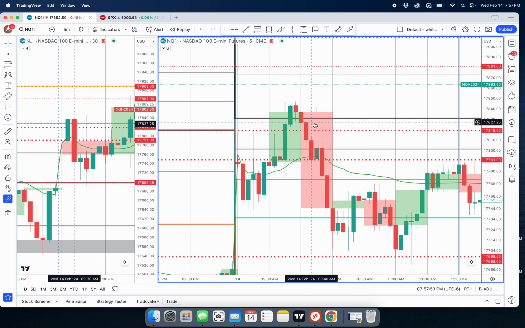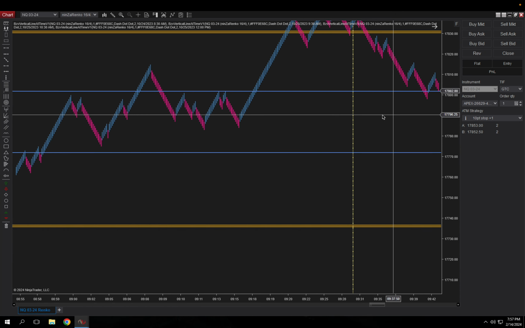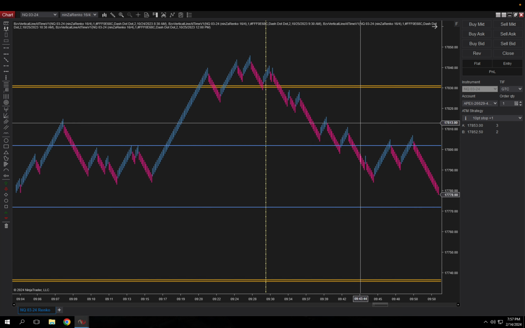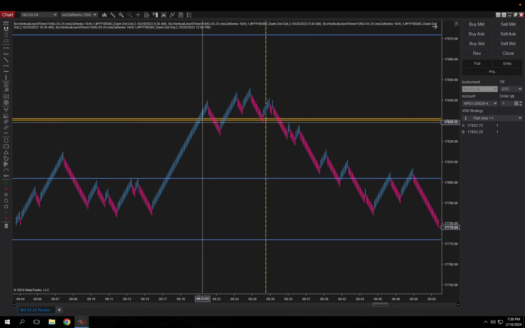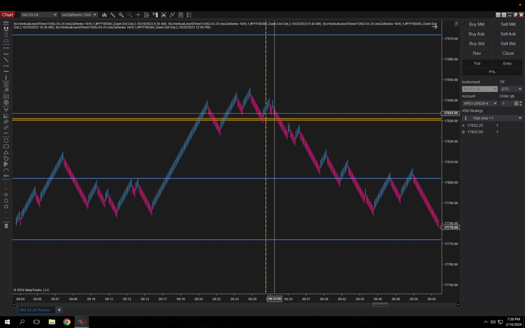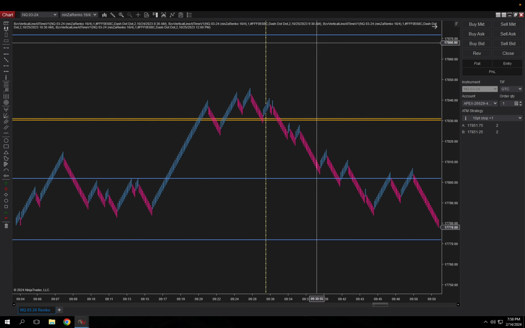So if you would have got in right here, let's take a look at the Renko chart. It gives you a little bit more idea of what's going on behind the scenes. This vertical line is the new TPO. So it came up, consolidated, new TPO. They came down. They should have kept on going right here.